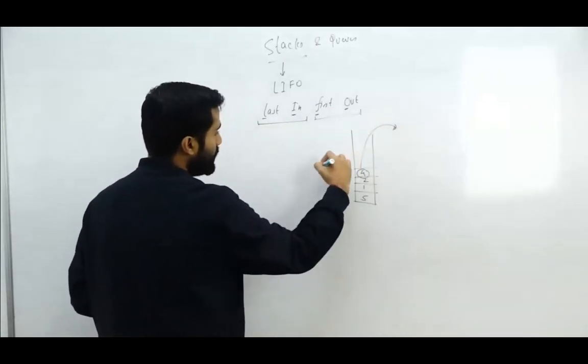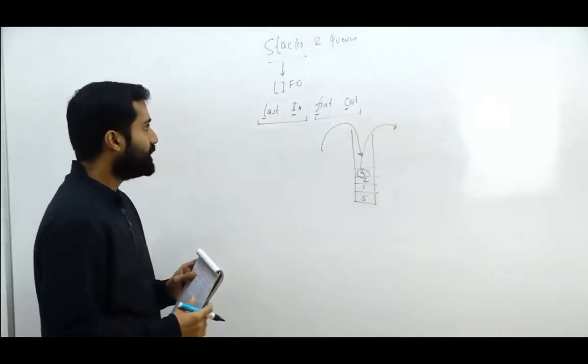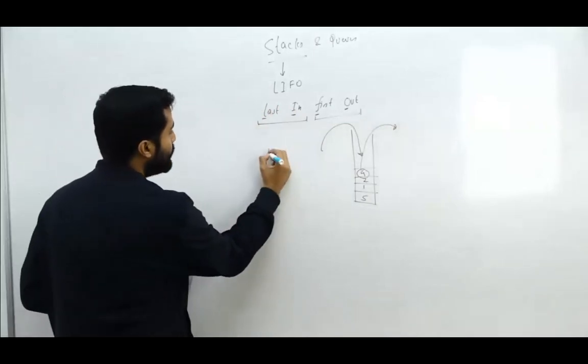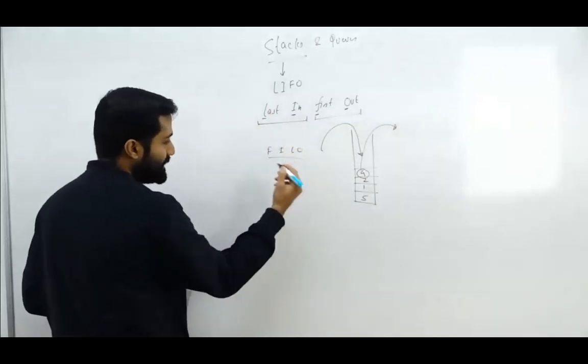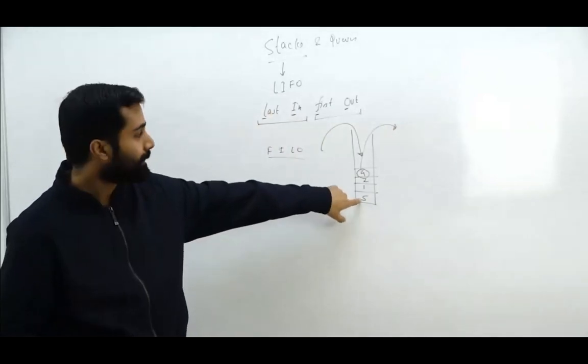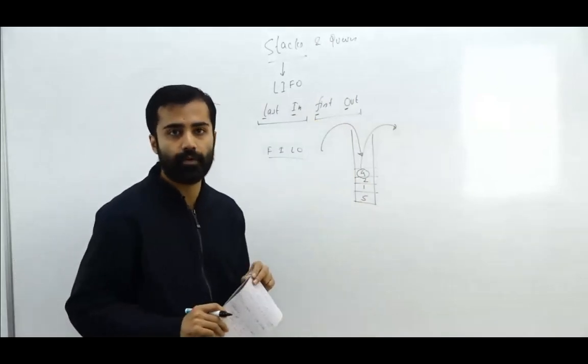Whatever was last in is the first out. You can also say it first in, last out. It means the same thing. The first element to get in was 5, and while you are emptying it, 5 will be the last element which will get out.